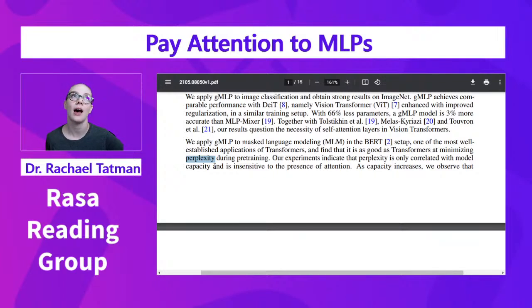Basically, it is how well your model is characterizing the predictability of a string pattern, more or less. Probably not the best explanation, but our experiments indicate that perplexity is only correlated with model capacity and is insensitive to the presence of attention. Okay, now, interesting. So you don't need attention, is what this paper is proposing.